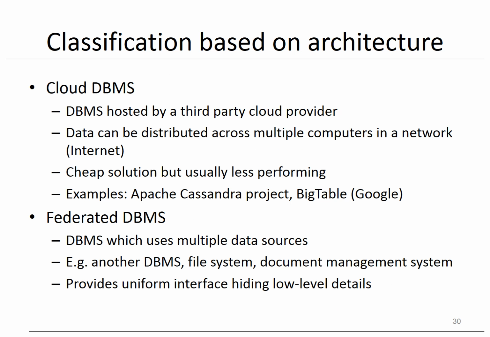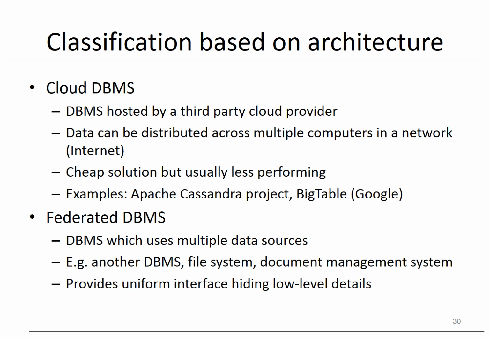In a cloud DBMS architecture, the DBMS and database will be hosted by a third-party cloud provider. The data itself can then be distributed across multiple computers in a network, such as the internet. Although this is a cheap solution, it is usually less performing in terms of processing queries or other database transactions.